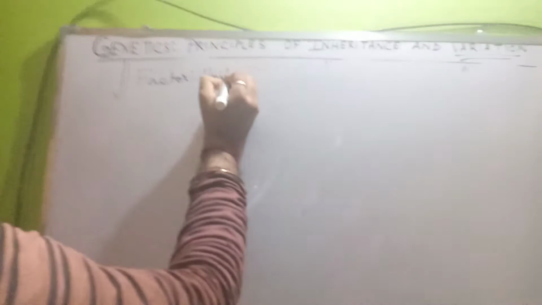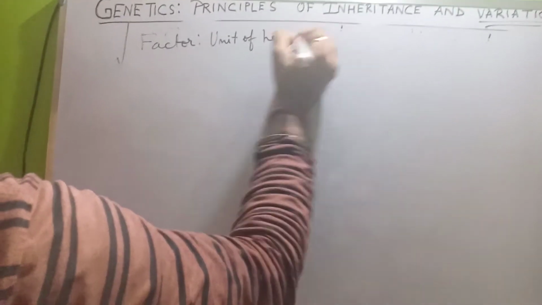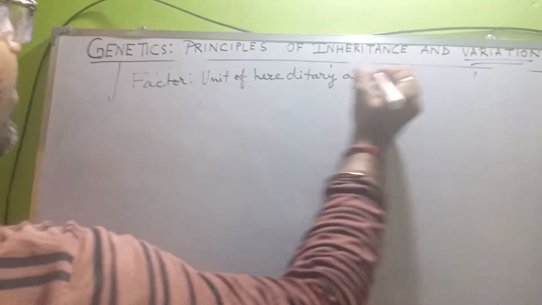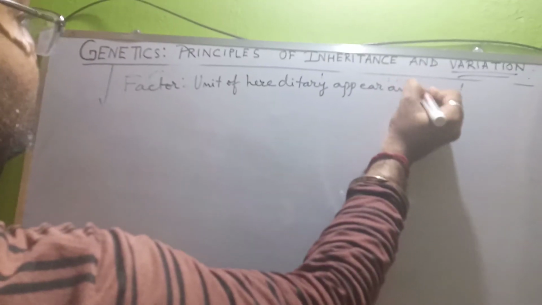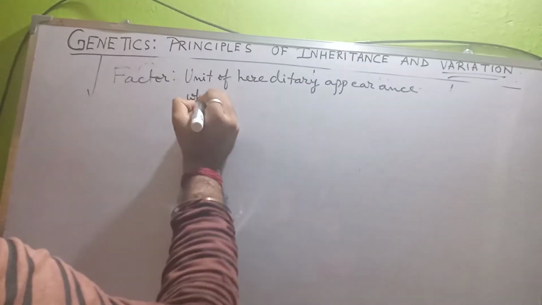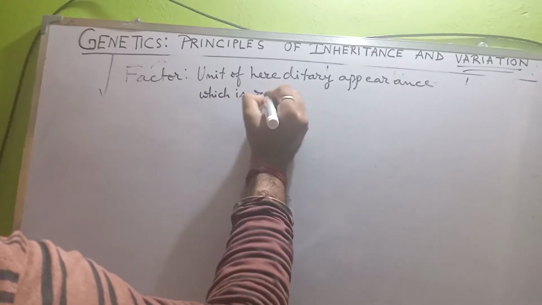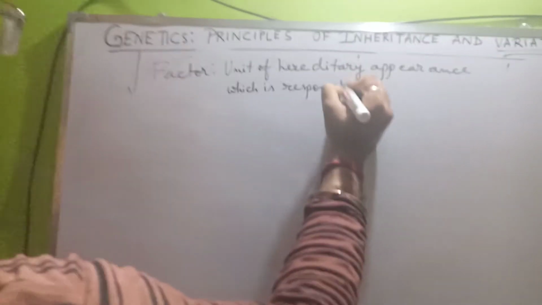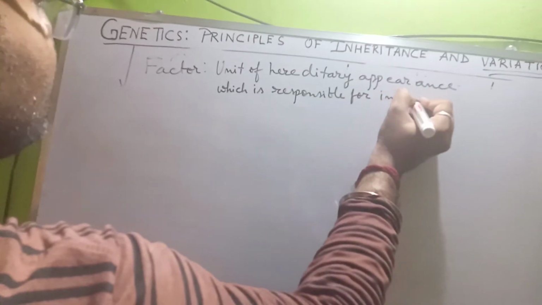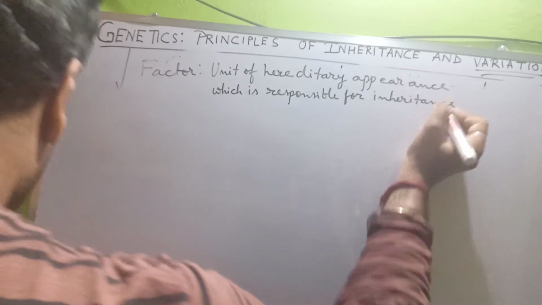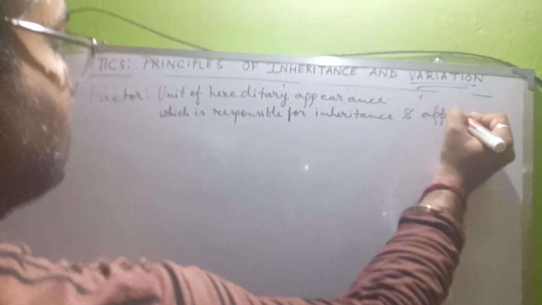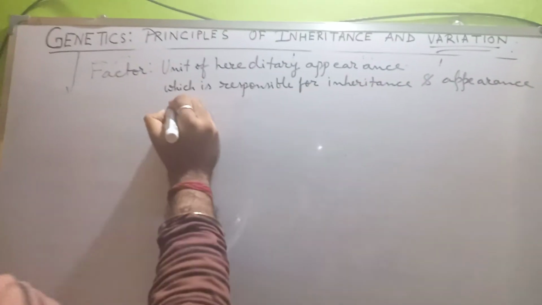Unit of hereditary appearance, which is responsible for inheritance and appearance of characters.